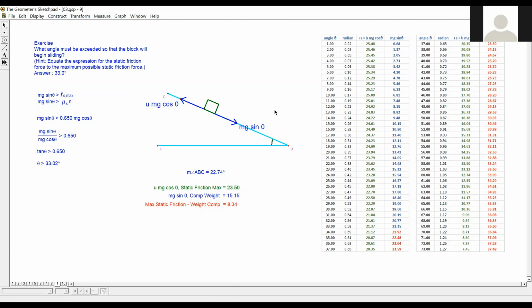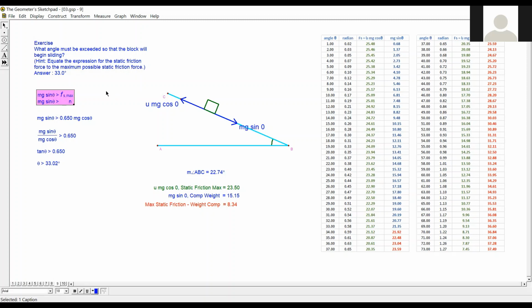Again, I would like to know when this component of the weight mg sine theta will be bigger than the frictional force, which is mu mg cos theta. So I try to create an inequality. I say this component of the weight bigger than the static friction.